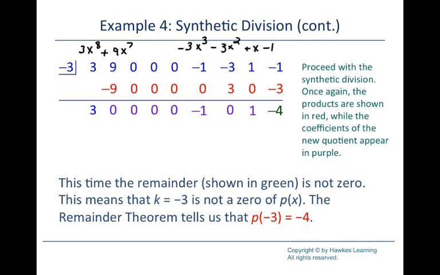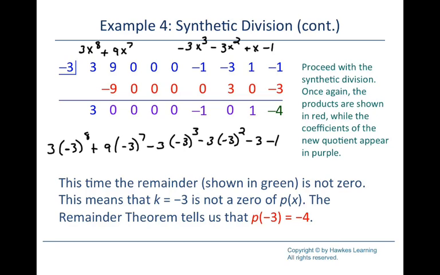So what they're saying by that last statement on this slide is if I said 3 times negative 3 to the 8th power plus 9 times negative 3 to the 7th power minus 3 times negative 3 to the 3rd power minus 3 times negative 3 squared plus negative 3 minus 1, then my answer would be negative 4. And I'm not going to multiply that out, but it does work.